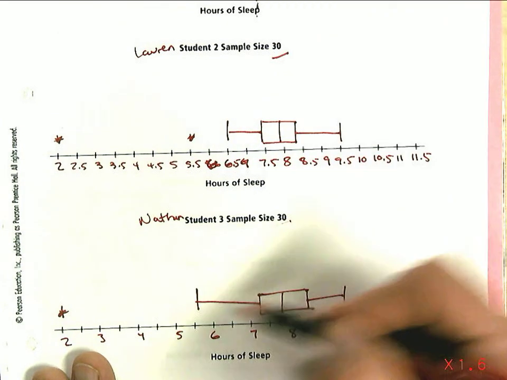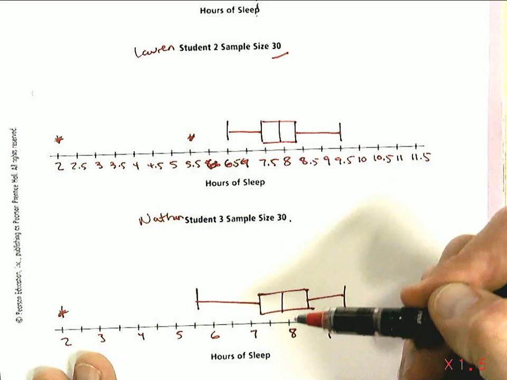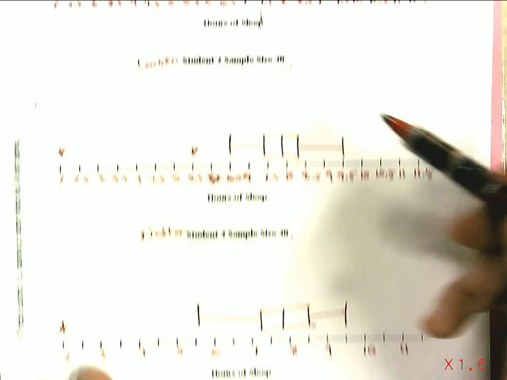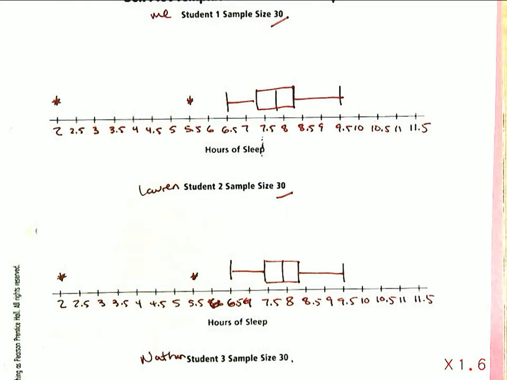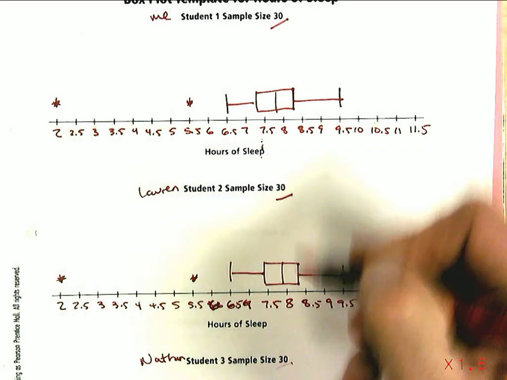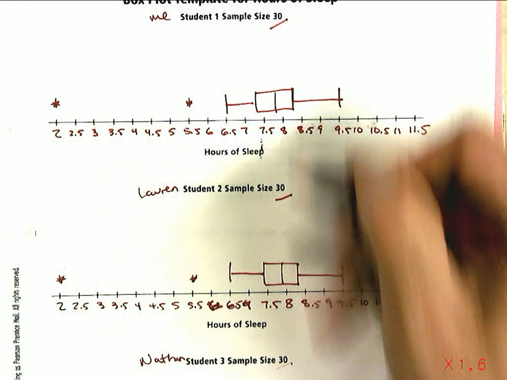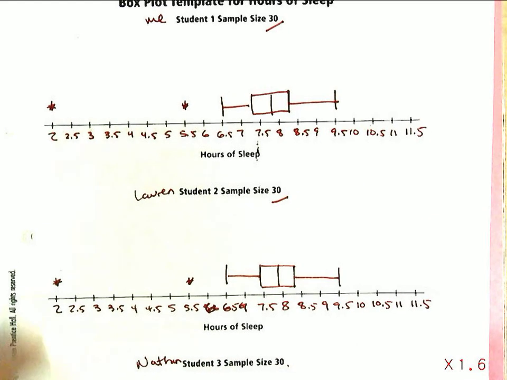The whiskers are fairly similar. This one had a little bit lower. And each of them actually had outliers. And so the question is, is a sample size of 30 enough? And it looks like in this case we get consistent results. And so if we have consistency between our 3 different sets of box and whisker plots, that's probably a good sample size.